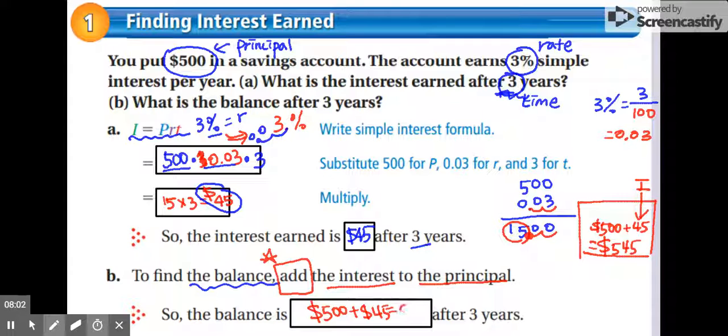So it is $545 after 3 years. Many people will make this mistake. I guarantee that many people will make a mistake on the quiz or test. If I ask you to find the balance, they might just answer like, oh, 45. No, I'm asking the balance, which means what is the total amount of money, including the interest. So you have to add the interest to the principal.